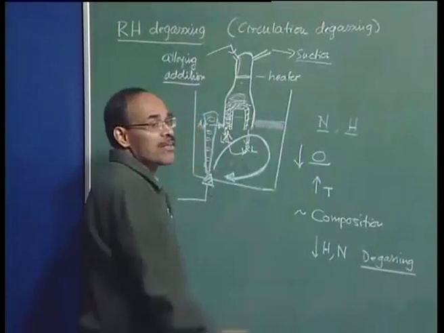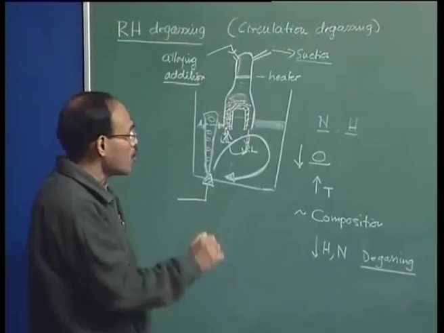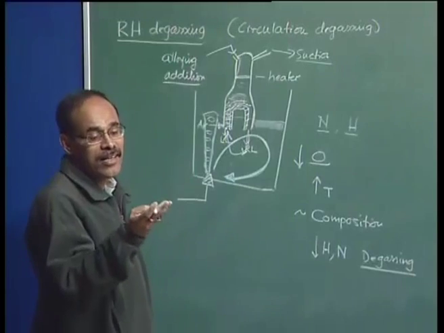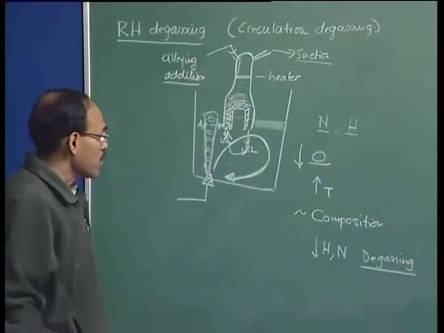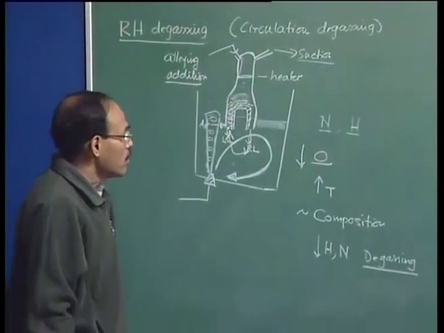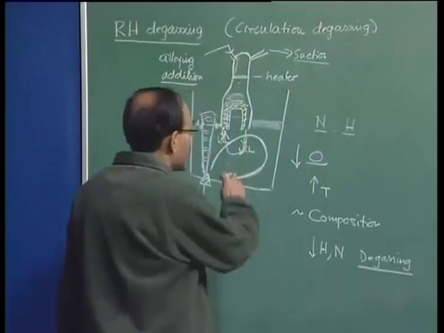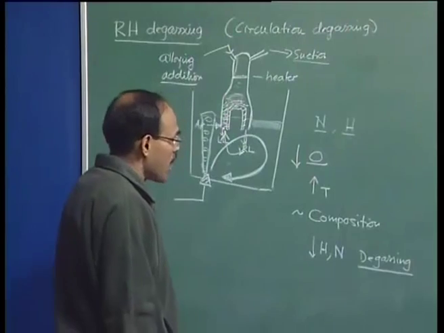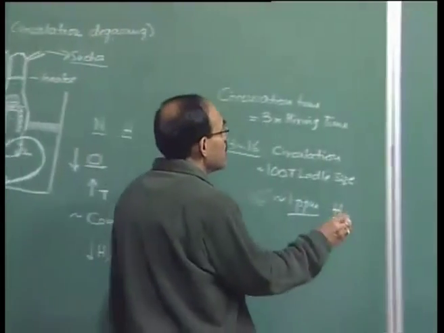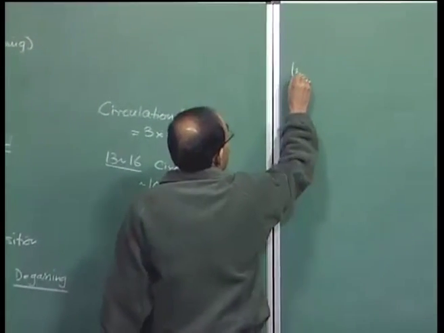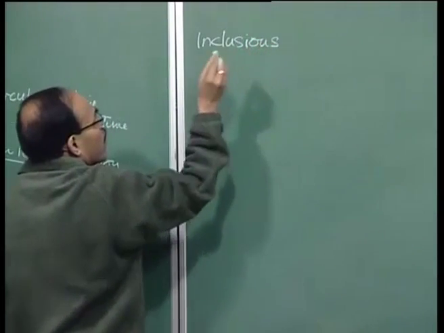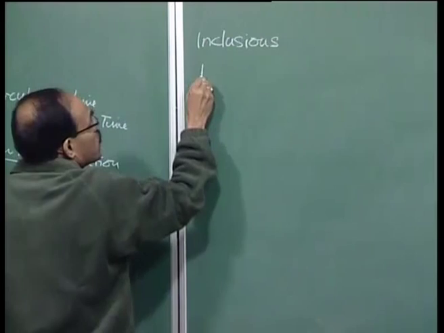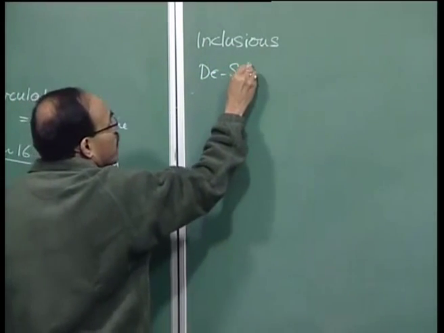All these have been regulated or controlled effectively through inert gas stirring, through the ladle furnace, and through the vacuum degassing process. So the final frontier of this is that we may still have some issues regarding inclusions, and also in some specific cases we may be concerned with what is known as desulfurization.